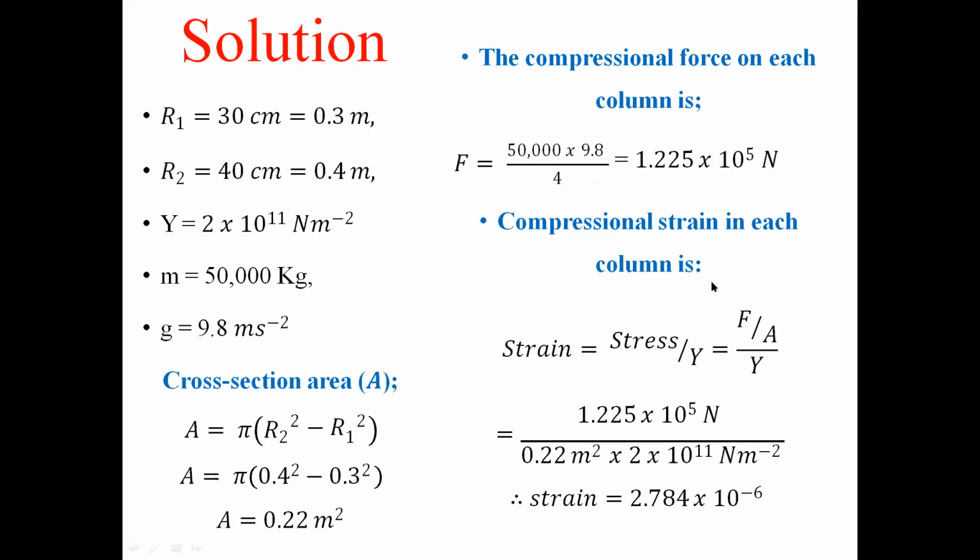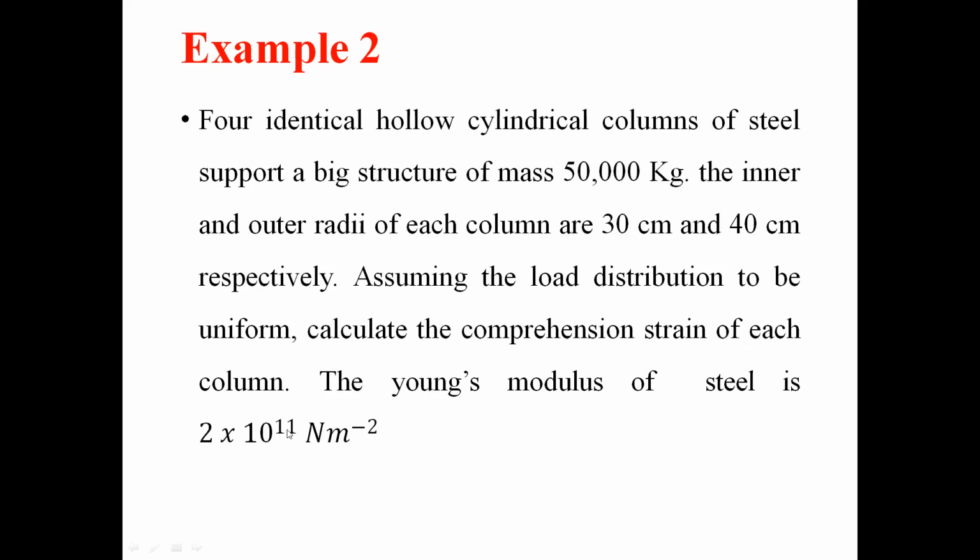See the data, go to solution. Radius for the first cylindrical column and the second cylindrical column, 30 centimeters and 40 centimeters, converted to meters: 0.3 meters, 0.4 meters. Young's modulus Y is given in the problem, Y equal to 2 into 10 power of 11 Newton per meter square.